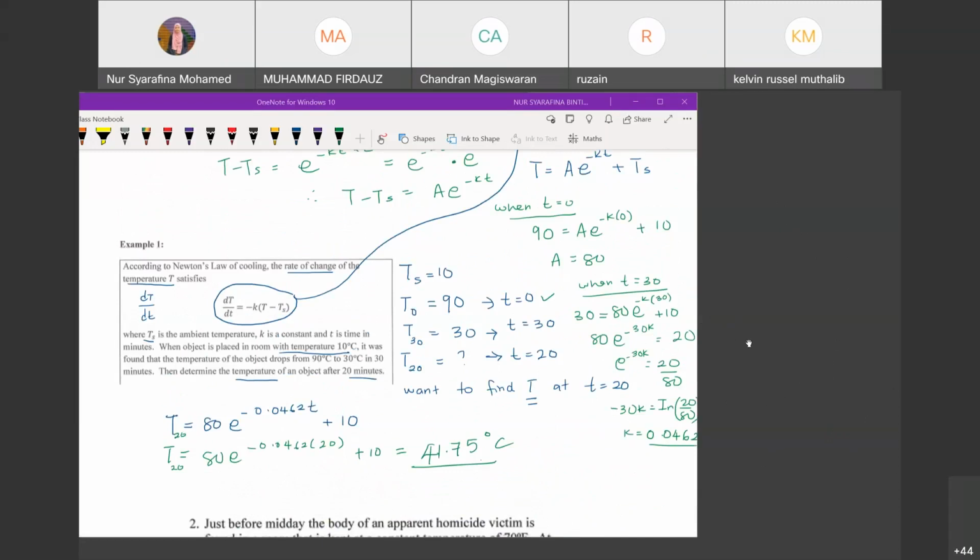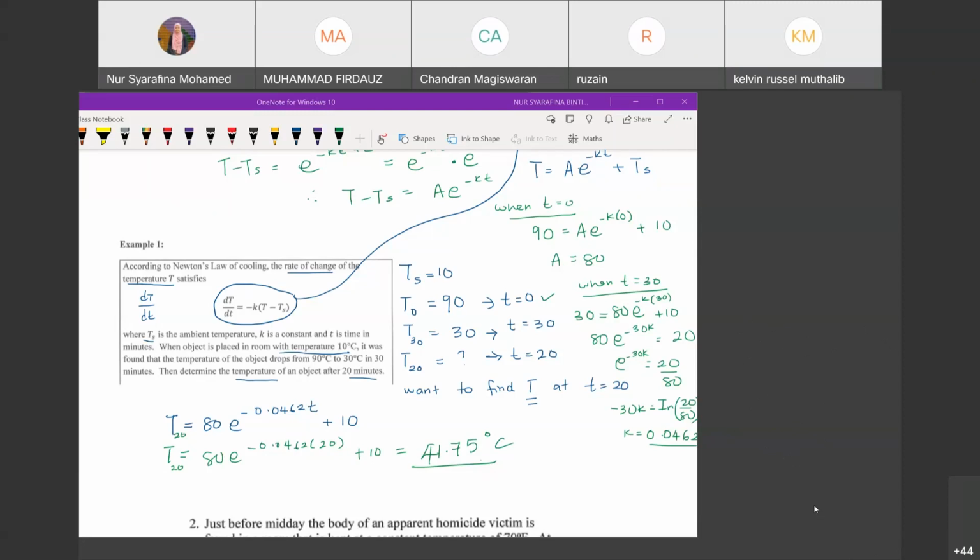We have temperature of buttermilk, time of death, temperature of porridge, temperature of cake from the notes there. Okay, you can try.